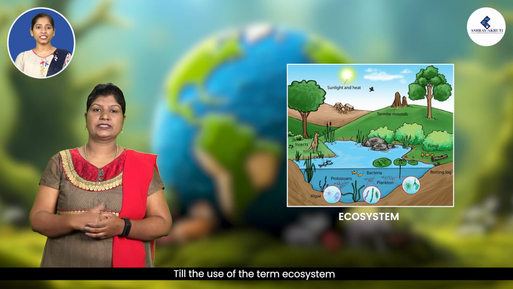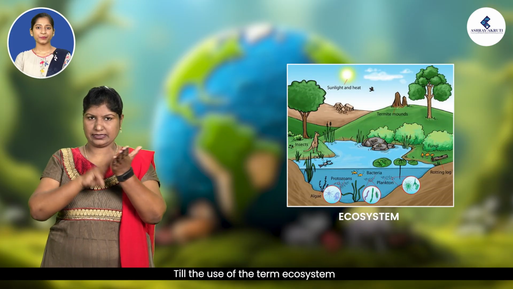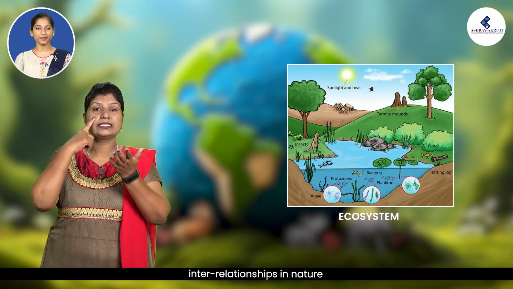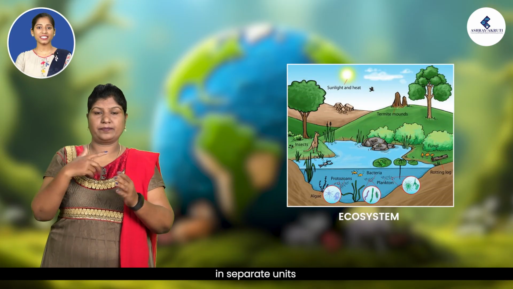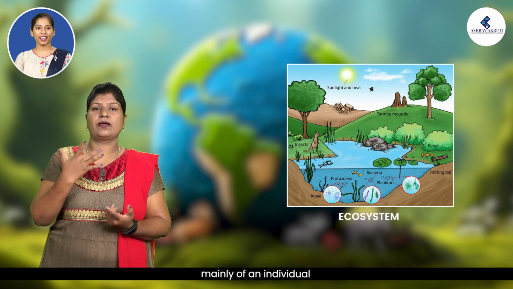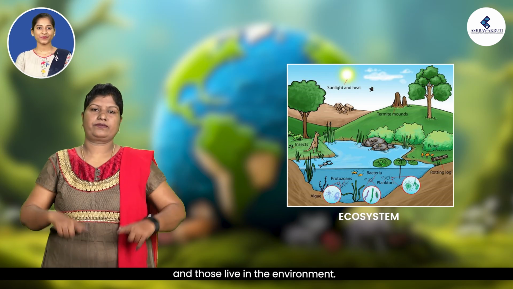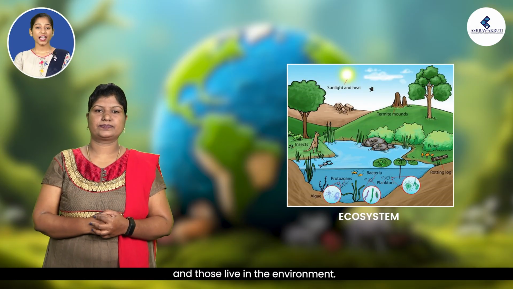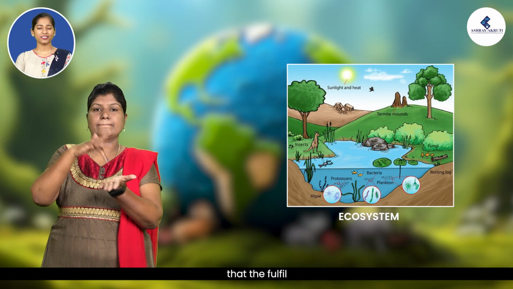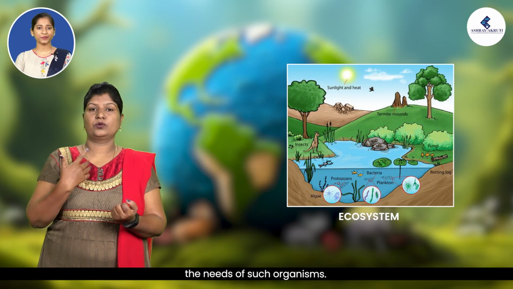Till the use of the term ecosystem, people were studying interrelationships in nature in separate units, mainly of an individual and those that live in the environment. Habitat is a place that fulfills the needs of such organisms.